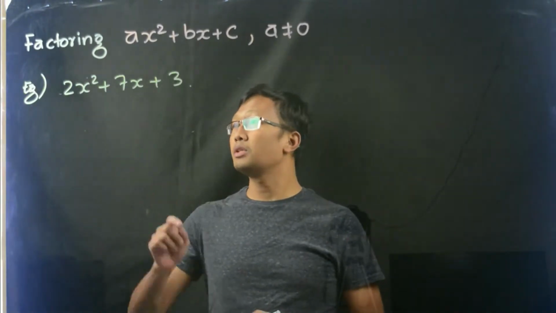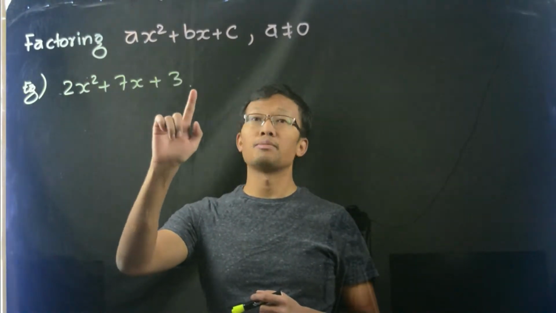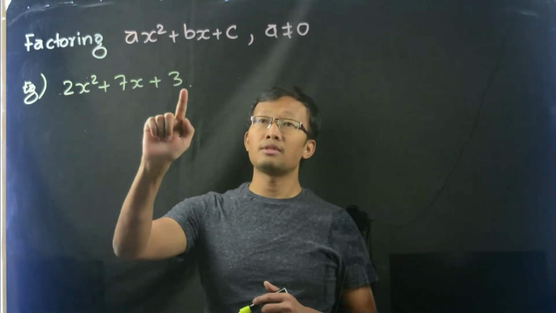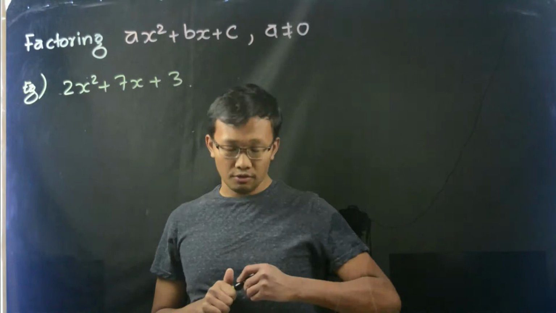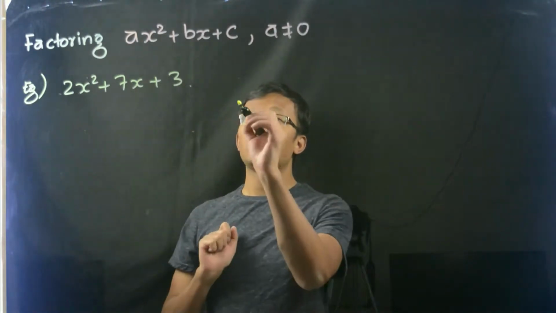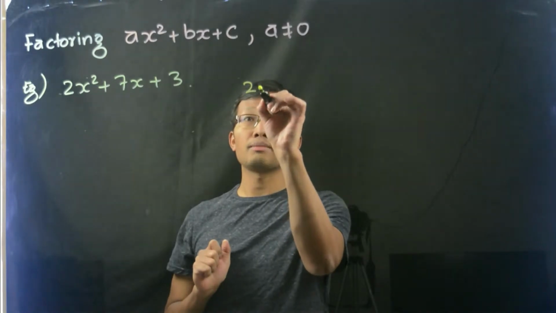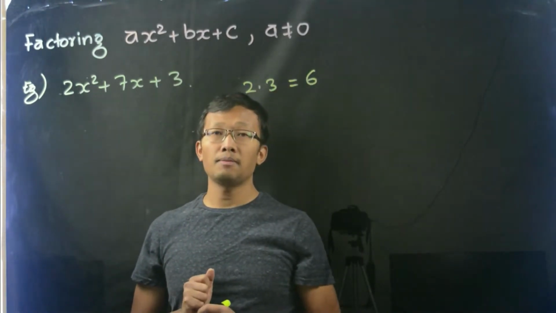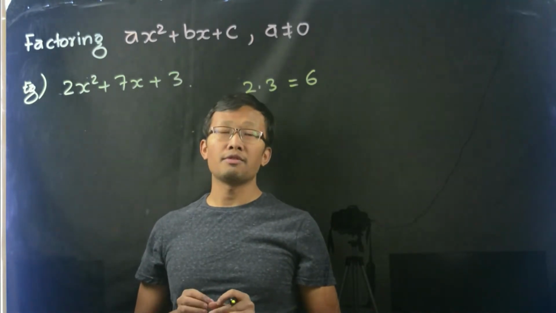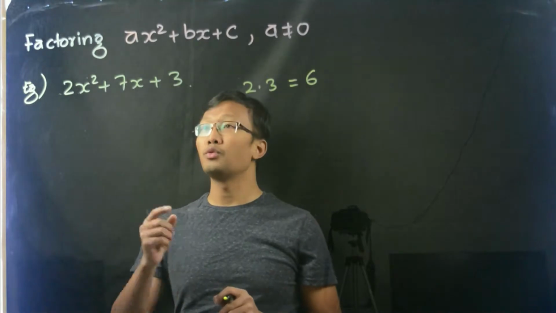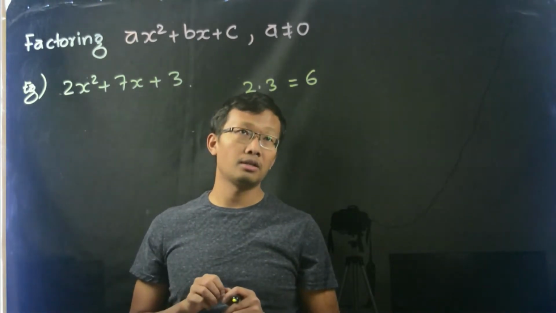Let's take an example: 2x squared plus 7x plus 3. A is 2, b is 7, 3 is c. So first, let us multiply a and c. That is 2 times 3, which is 6. Now we would like to find two factors of 6 such that their sum will result to 7.